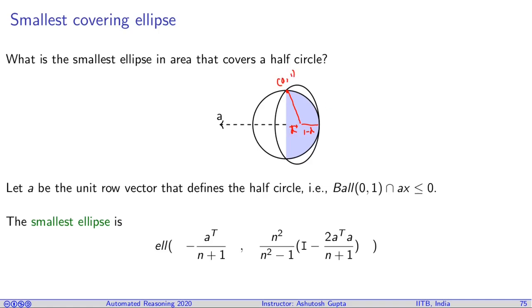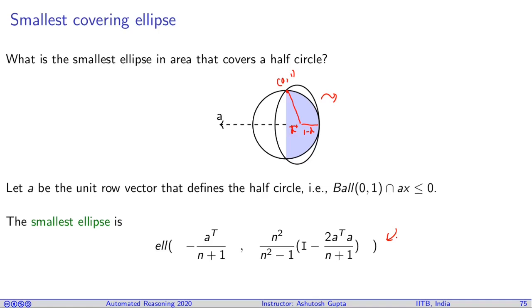If you put this constraint in your formula, you will find a formula which represents the volume in terms of D, and then you try to find when the volume is minimum in terms of D. Solve that problem, and you will find the ellipse which is the smallest ellipse that can contain this half circle.